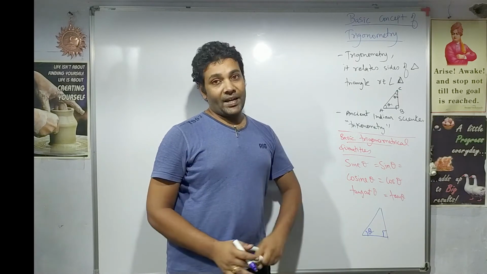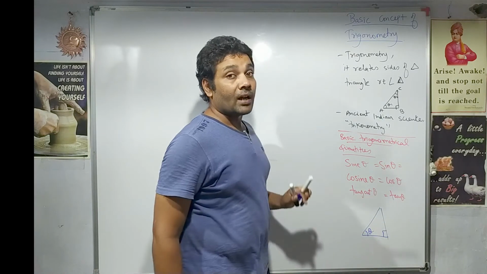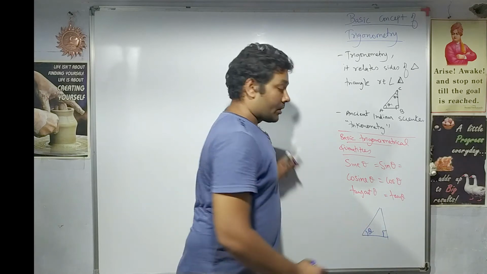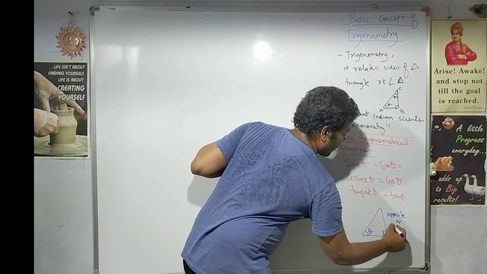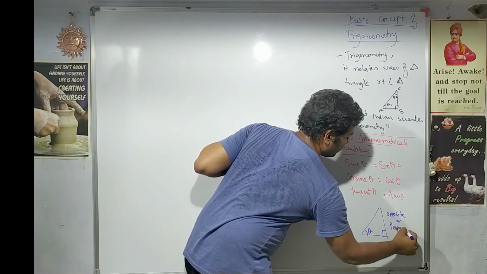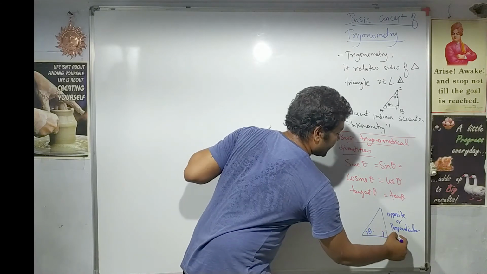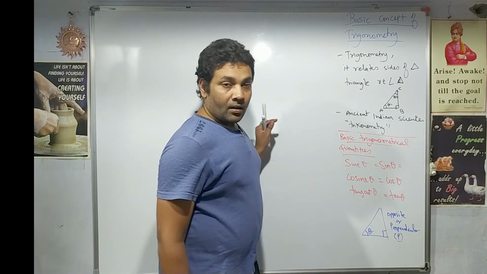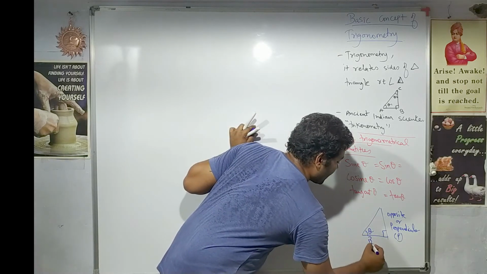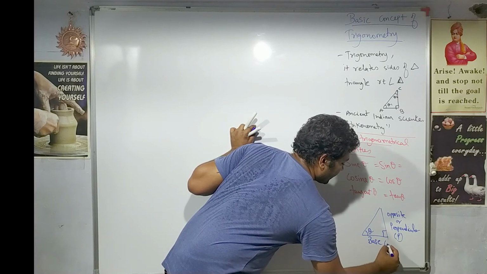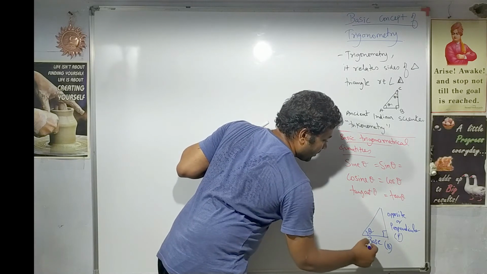For this triangle, you must remember that the side which is opposite to theta is called opposite, or it is also called perpendicular, symbolically denoted by P. The side which contains 90 degrees and theta is called base, denoted by B, or also called adjacent.